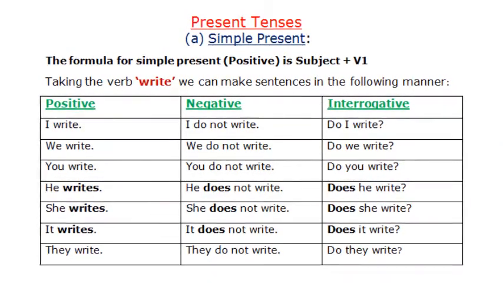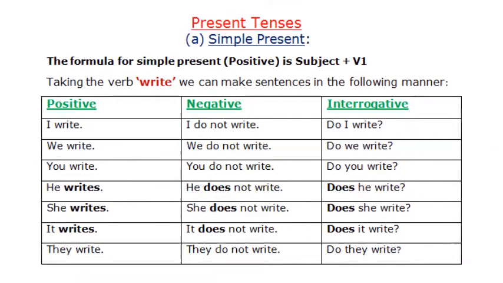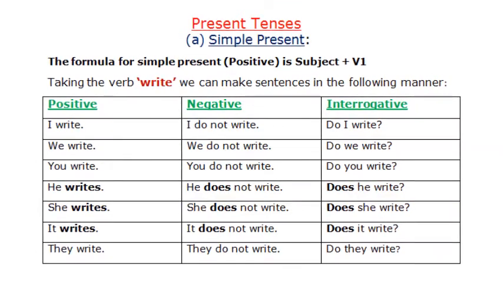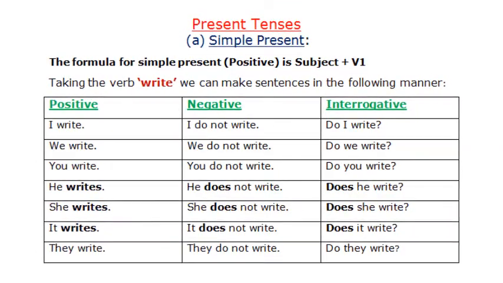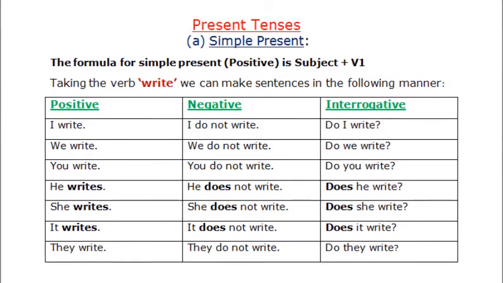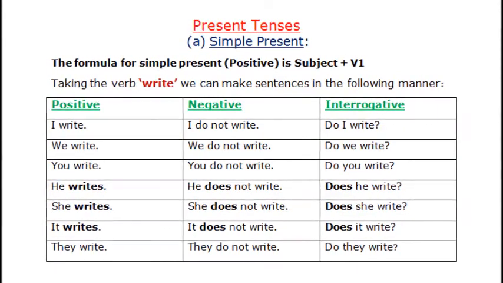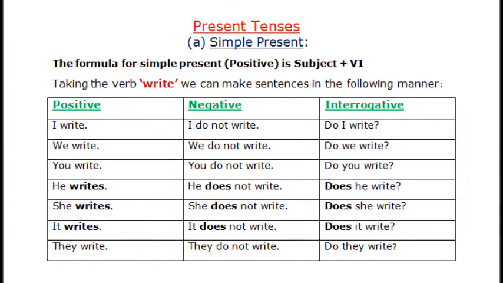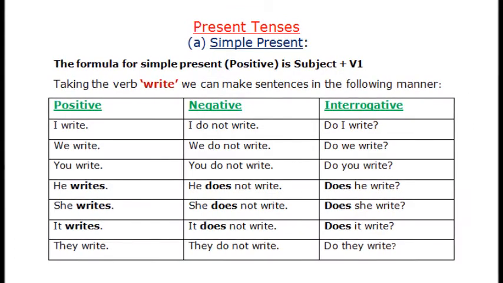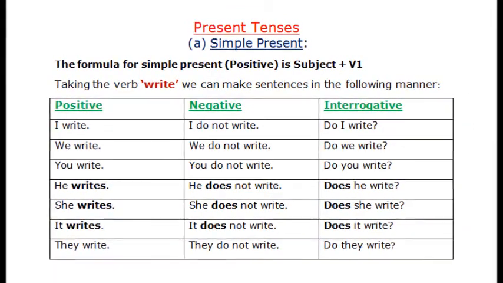They are positive, negative, and interrogative. And for this, we take write as an example. This is called conjugation of the verb.